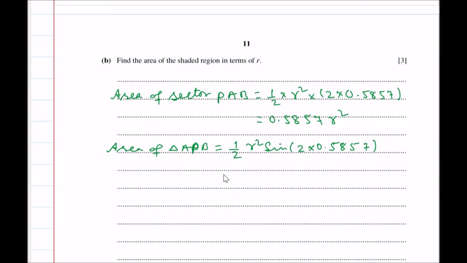Now if you simplify this, we get 0.4606 r squared.